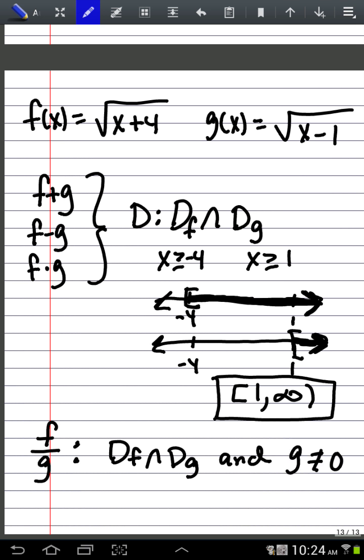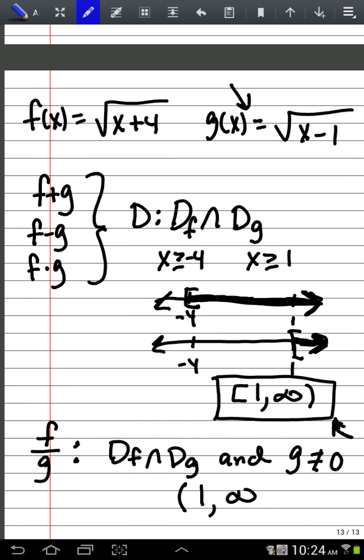So we need to look up at the G function and figure out what value of x would turn the G function into 0. That's 1. So the domain of F divided by G is going to be this, except x can't be equal to 1, so we need to use a parenthesis to exclude it. Does that make sense? So now my domain there is 1 to infinity.